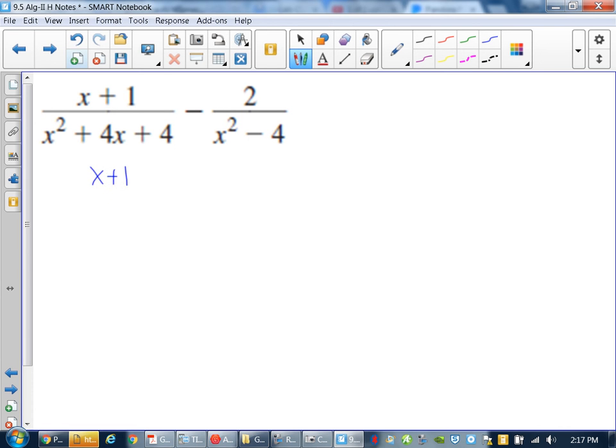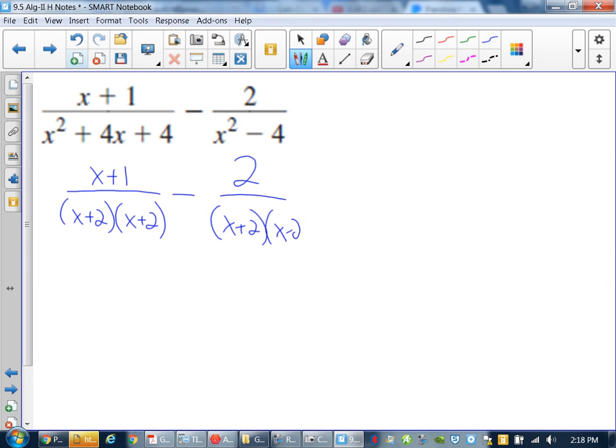So what I would be doing is I would write down the problem as x plus 1 over x plus 2, x plus 2. It's subtraction, so minus, and how do I factor x squared minus 4? Yes, sir. The difference of squares, so x plus 2 and then x minus 2. Very good. I get an x plus 2 and an x minus 2.